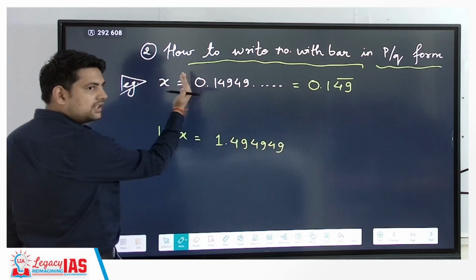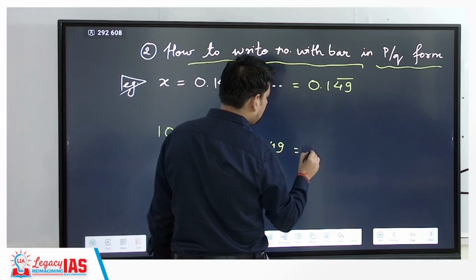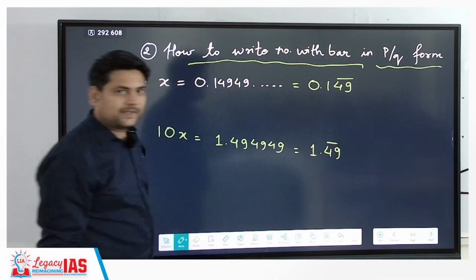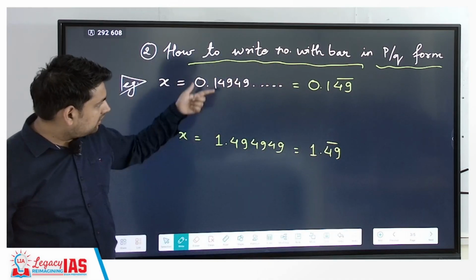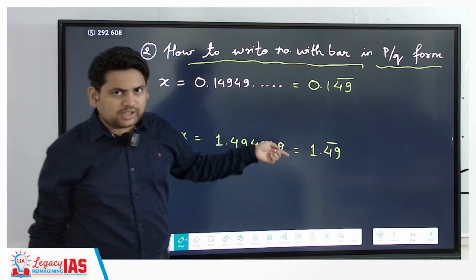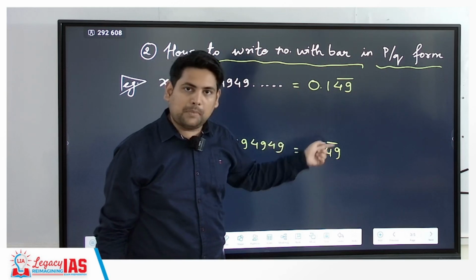Correct? Just one gets shifted here, 1.494949, which can be written as 1.49 bar. Simple. Can you see it? From here you can see just one got shifted here and 494949 repeated. So I write it here like 1.49 bar.